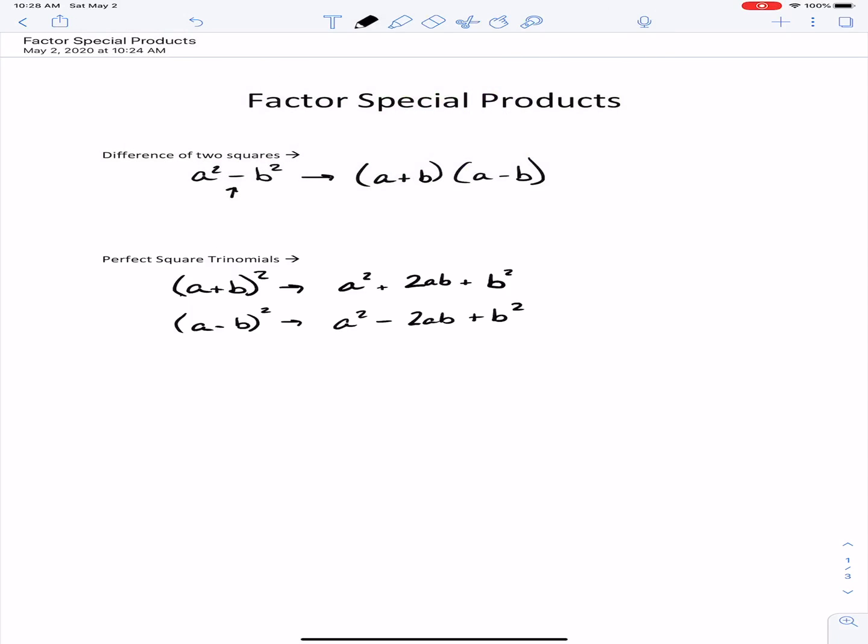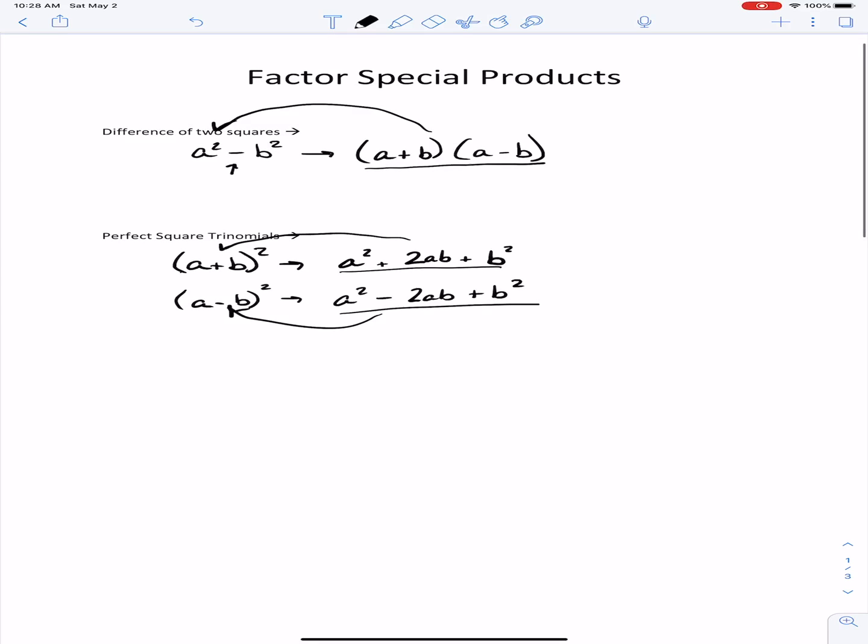So the purpose of this video today is so that if you see anything in these patterns, you know they can be factored back to their original perfect square trinomial or difference of two squares. Okay?